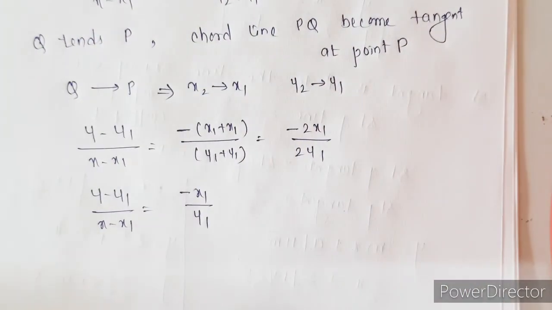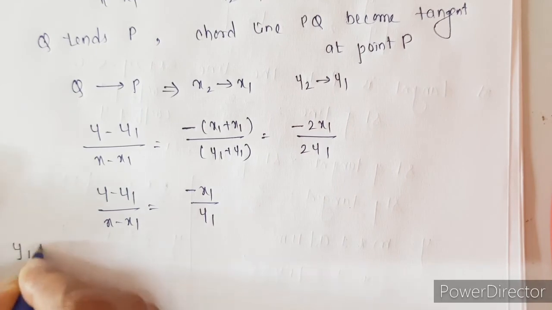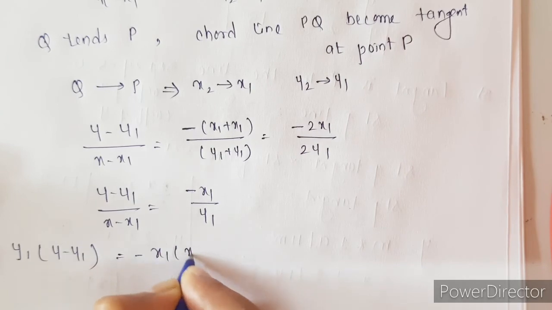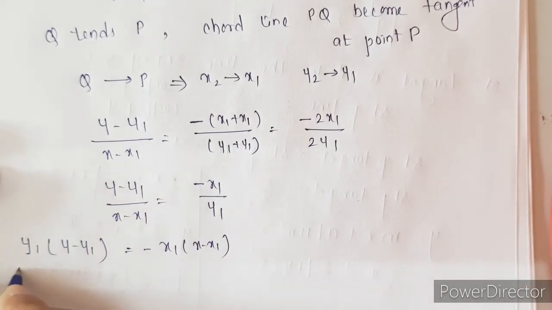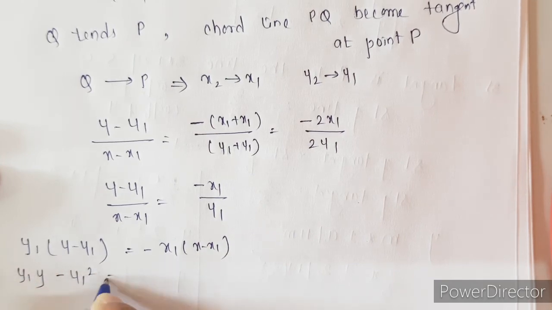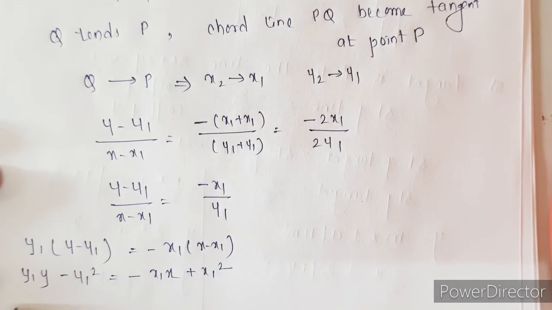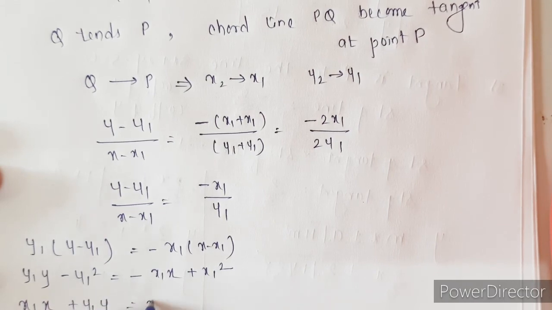Now simplify this. We can write this as y1 into y minus y1 equals minus x1 into x minus x1. So this can be written as y1y minus y1 square equals minus x1x plus x1 square. Taking it to the other side, this will be x1x plus y1y equals x1 square plus y1 square.